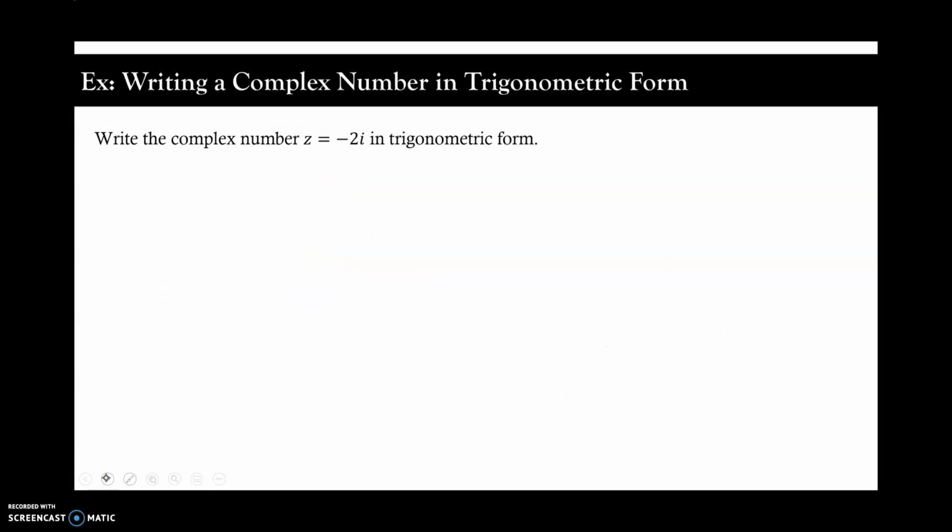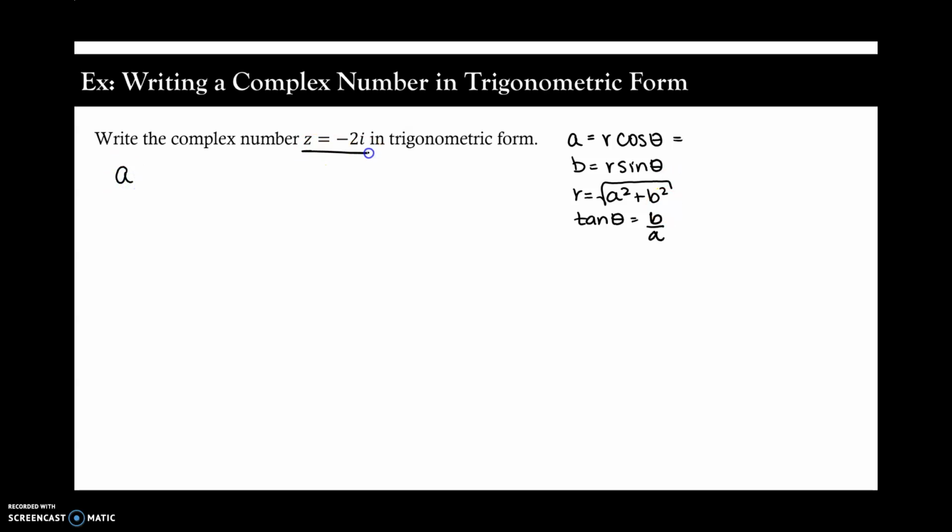Now, writing a complex number in trigonometric form. So we've got A equals R cosine theta, B equals R sine theta, R is equal to the square root of A squared plus B squared, and tangent theta is equal to B over A. We're going to need R for these, so let's find R first.